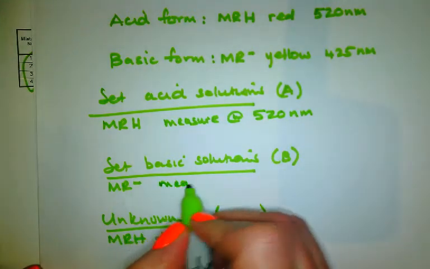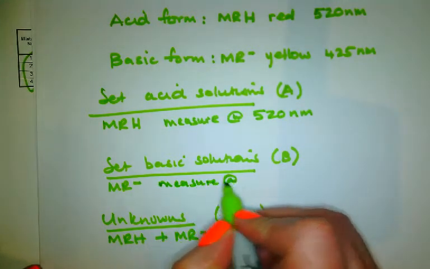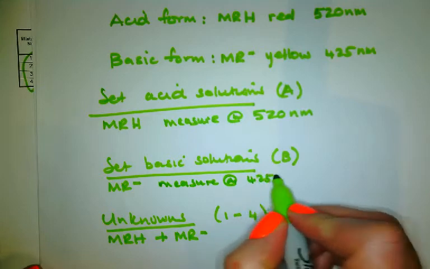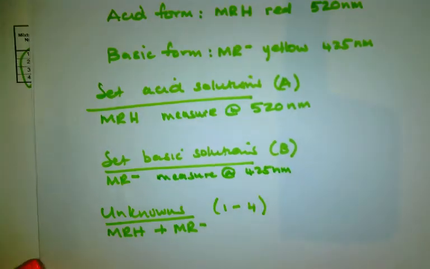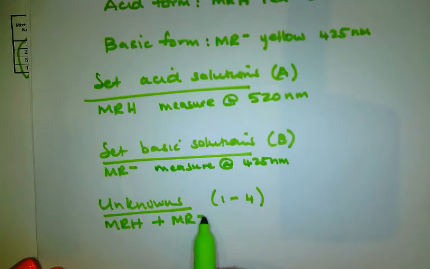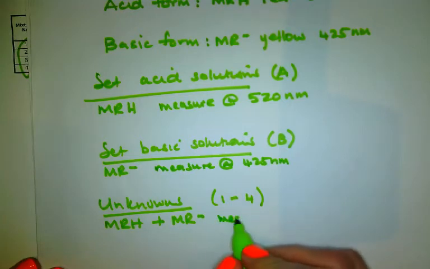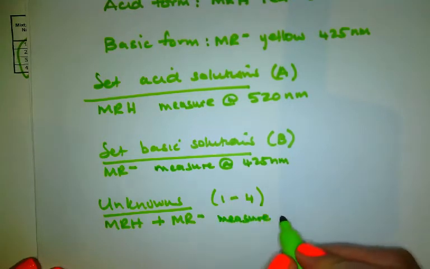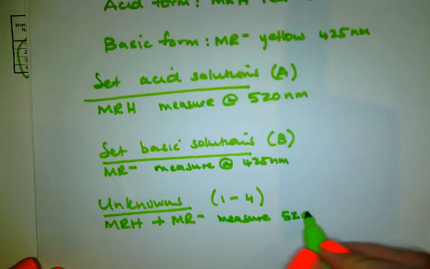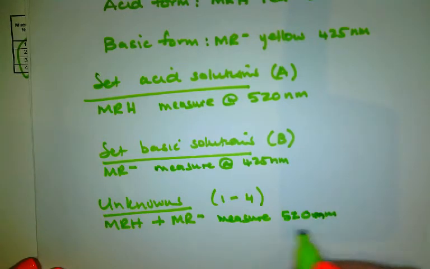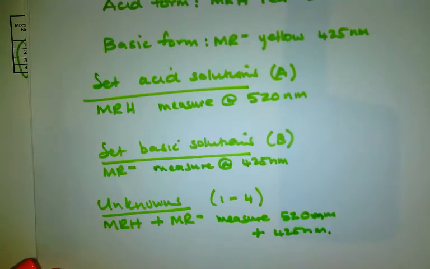For the basic form, you're going to measure at 425 nanometers. Since your unknowns contain both forms, you're going to measure these at both wavelengths, at 520 nanometers and 425 nanometers. You're also going to measure the pH of your unknowns.